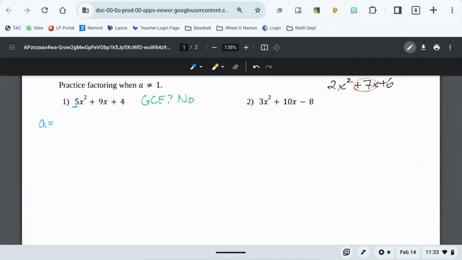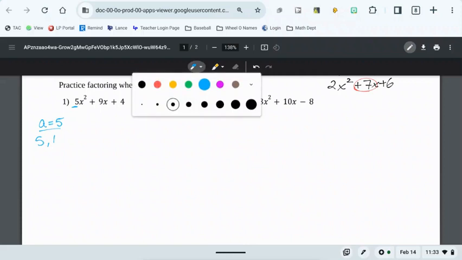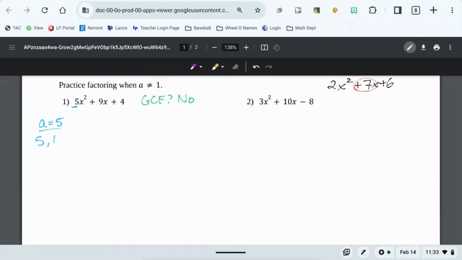Now, we recognize again, that's what we're learning today. A equals 5. So we want factors of 5, 5 and 1. Again, we only want the positive factors of 5. And then on the right side, we're going to list our factors of C, which will be 1 and 4, 2 and 2, negative 1, negative 4, negative 2, negative 2.